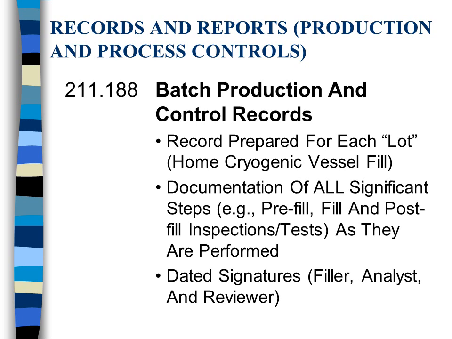If you remember back the delivery ticket for a liquid oxygen reservoir and a liquid nitrogen dewar, it documents all the significant steps of production: your pre-fill, your fill, your post-fill inspections and tests as they are performed. It also has a dated signature, which is the filler and the analyst and or reviewer.